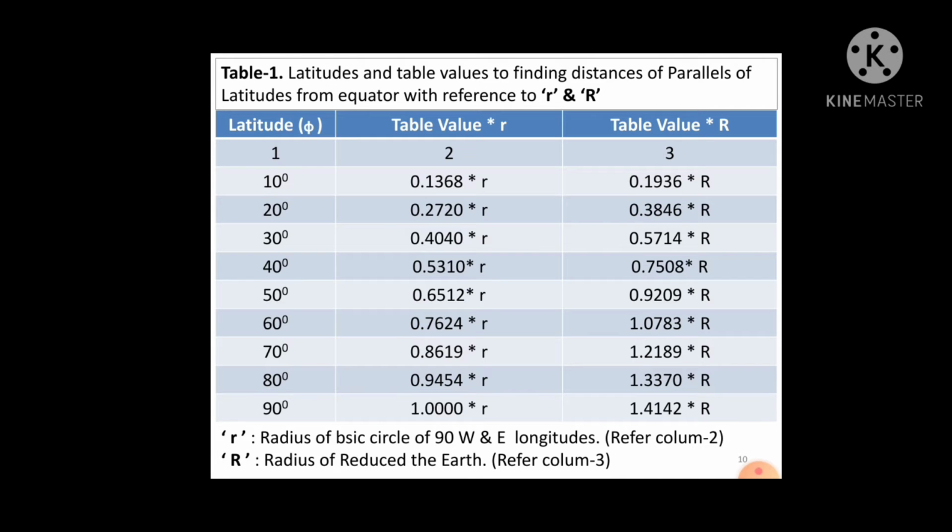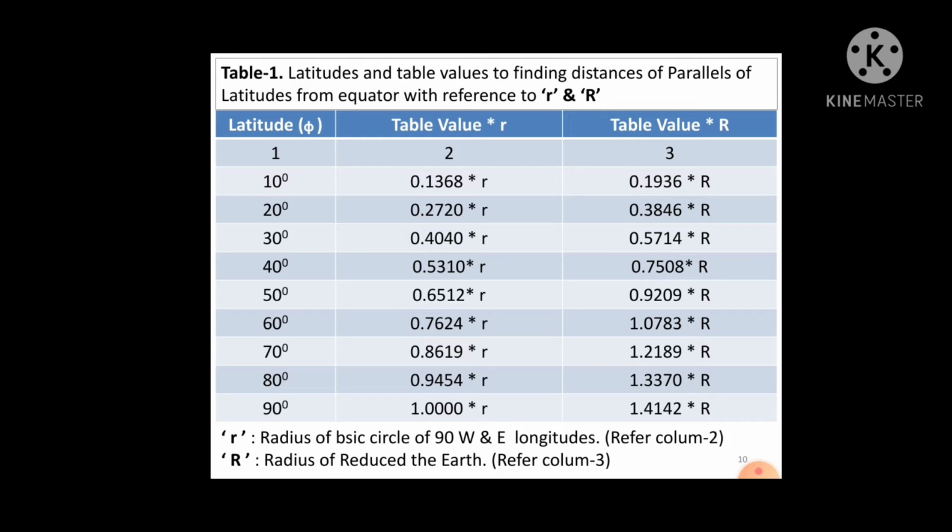So look at this table. These are the latitudes at 10 degree intervals, even though you can have 5 degree or 1 degree interval values also in the reference books, which are given in the last slides. If you are interested in using the small r, which is the radius of the circle, use the values from column number 2. If you want to use the capital R, which is the radius of the reduced earth, you must use the table values from column number 3.